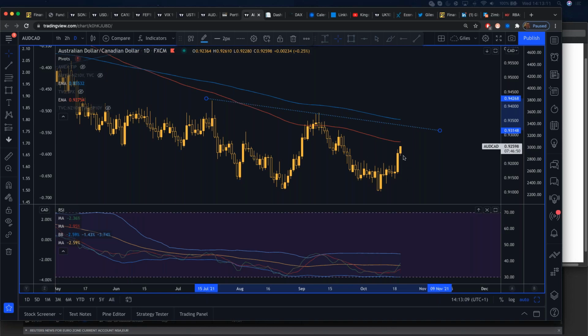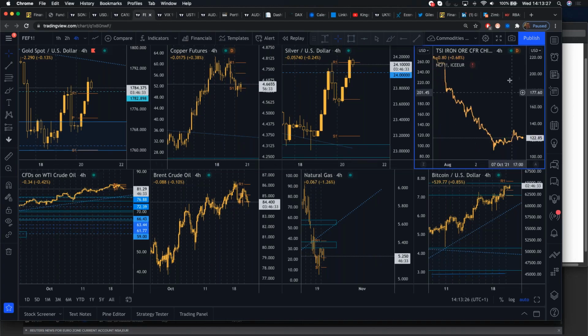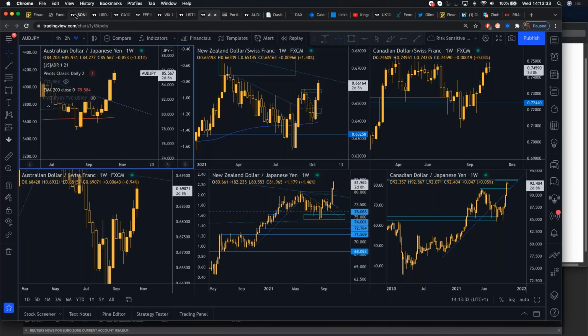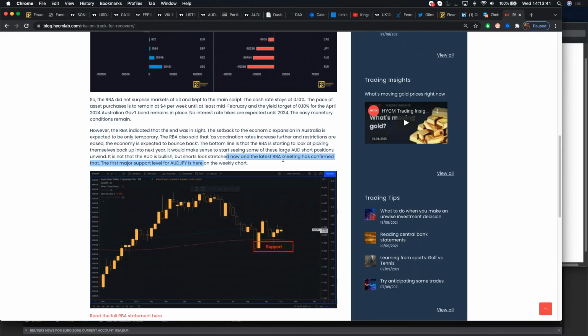So if it moves back up to here, that's why I've been looking at shorting it again. But if China picks up, and look at this market in particular, if iron ore prices pick up higher, that will be a little bit of bullishness for the Australian dollar. So the Australian dollar could easily correct quite significantly, and it is doing. And this is what I was showing you here, the latest RBA meeting has confirmed that there's a more bullish outlook for the Australian dollar, not because it's bullish, but because shorts look stretched.